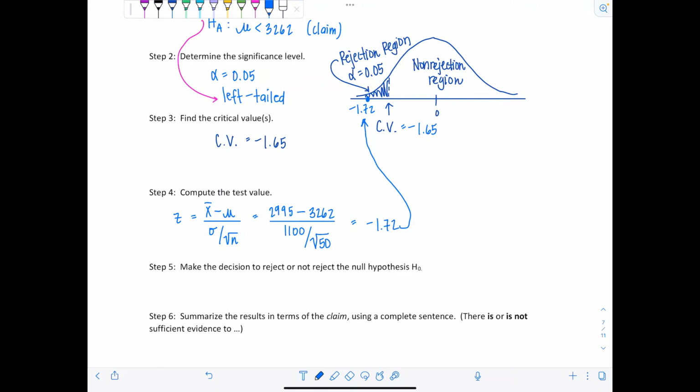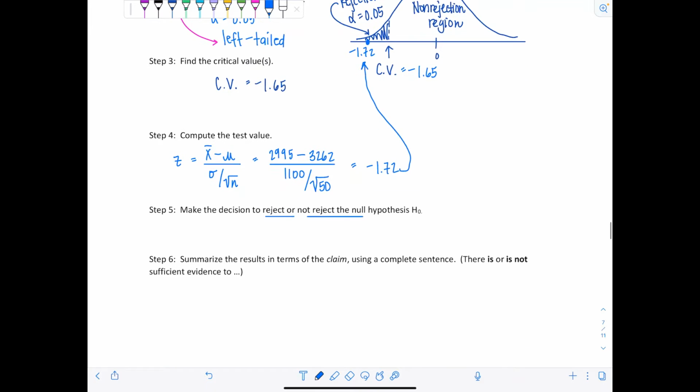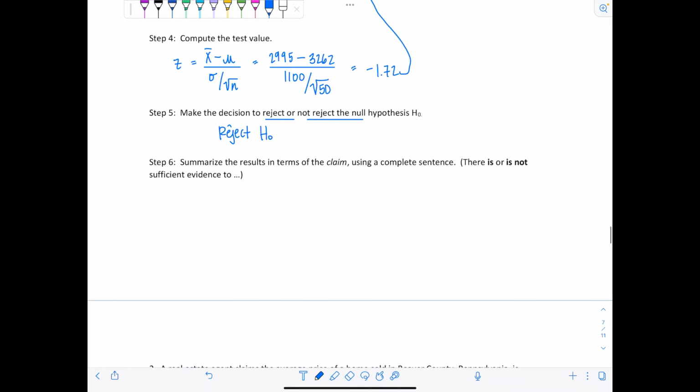So now it's time to make our decision. Are we going to reject or not reject the null hypothesis? Well, it's in the rejection region, so we're going to reject the null. And now let's summarize the results in terms of the claim using a complete sentence. First you either say there is or there is not. If you reject H naught, then you say there is.